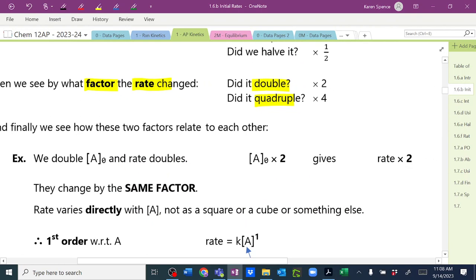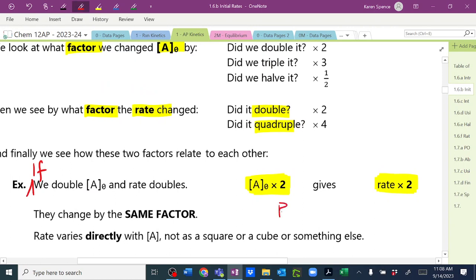So if we double A naught, and the rate doubles, what is the exponent for A? If I double A and the rate doubles, yes, 1.